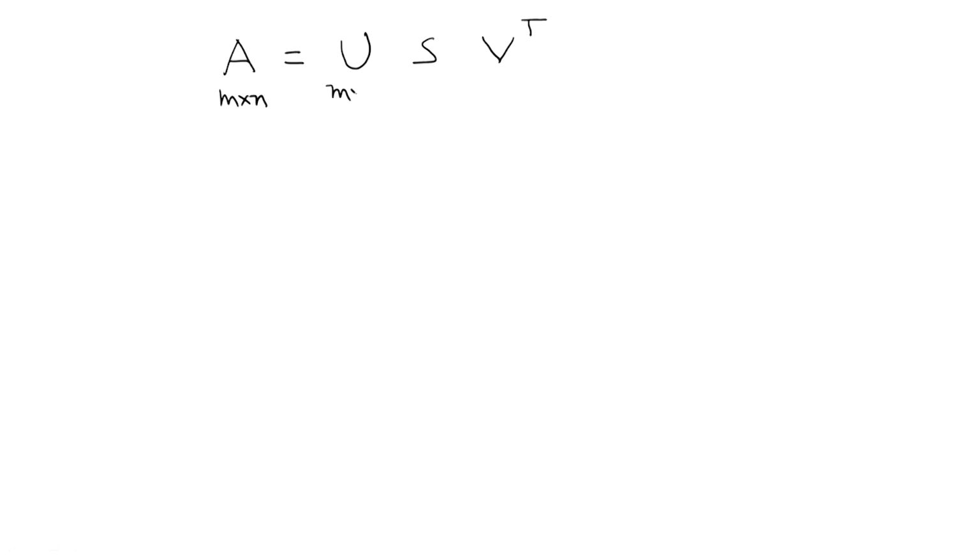Here the matrix U is of size m by n and all the n columns of U are orthonormal. The matrix S is an n by n diagonal matrix and the matrix V transpose is n by n.